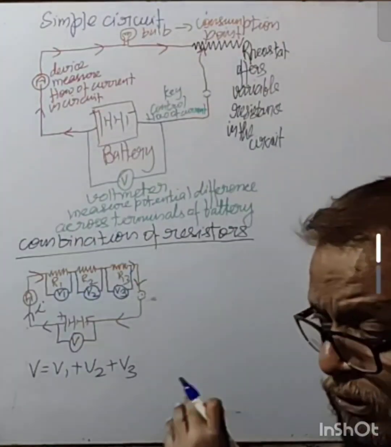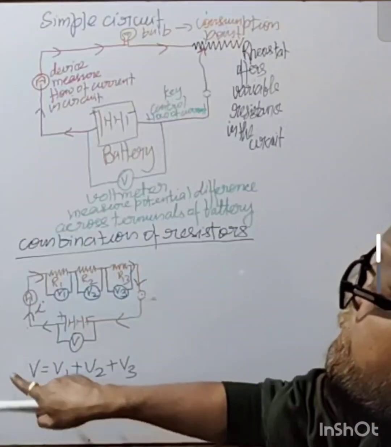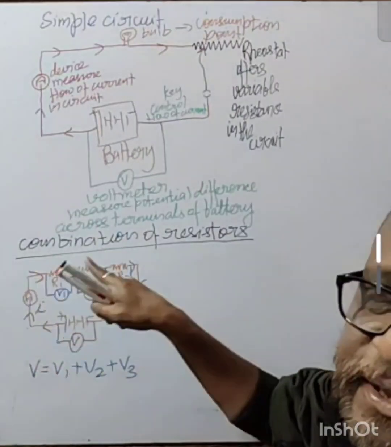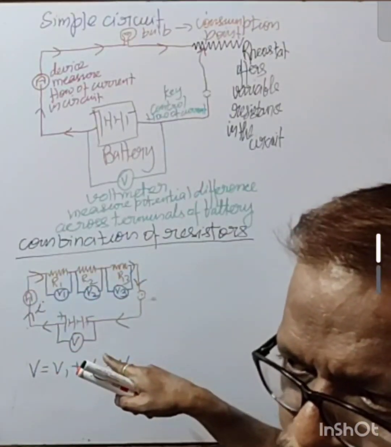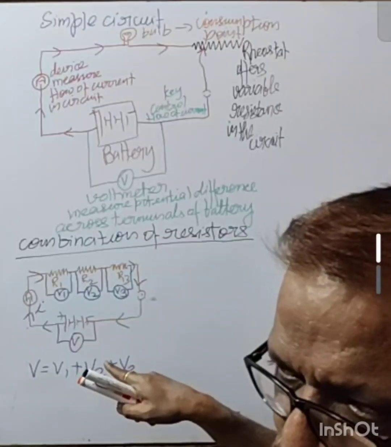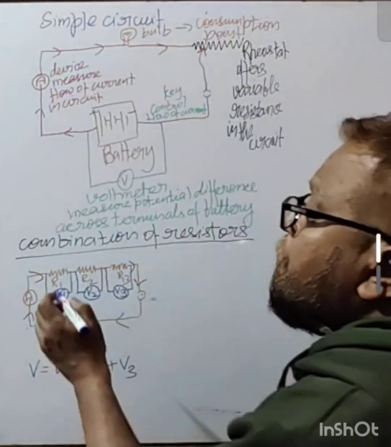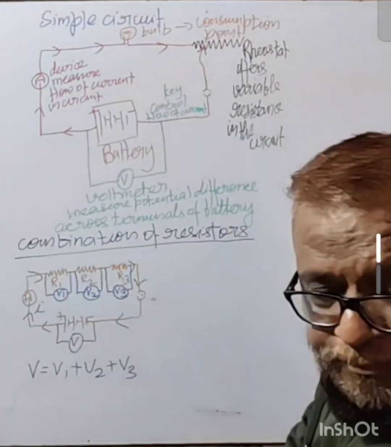Total potential difference is the sum of all these potential differences. Get my point? So what will be the value of V1?